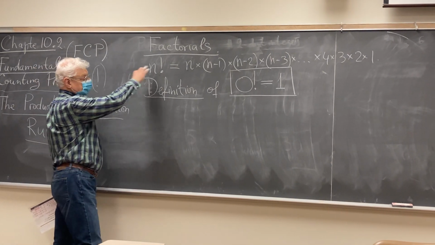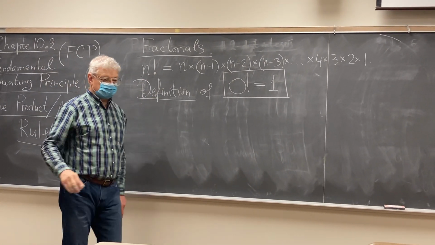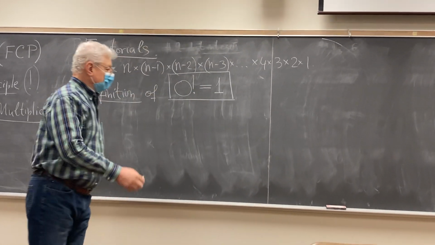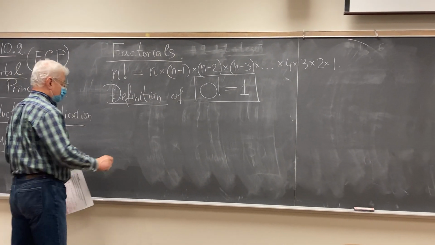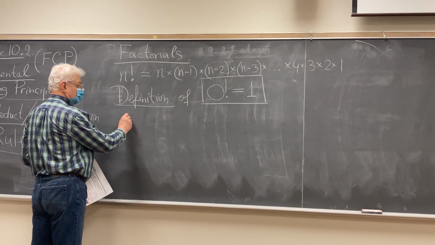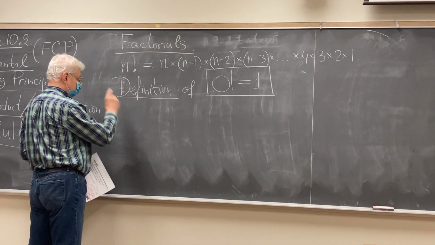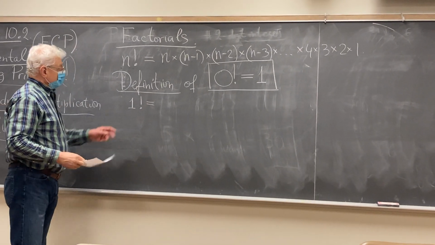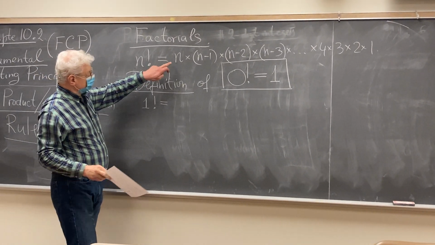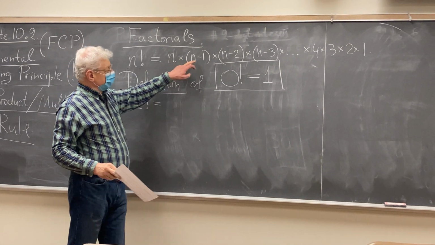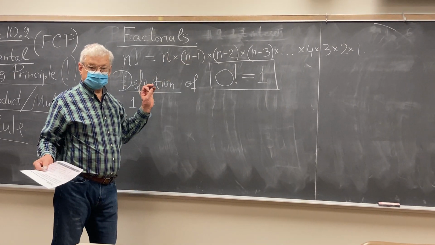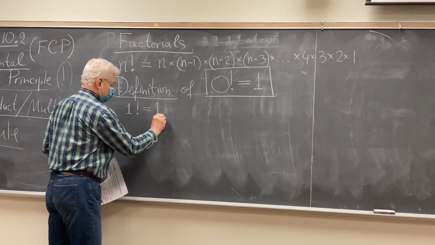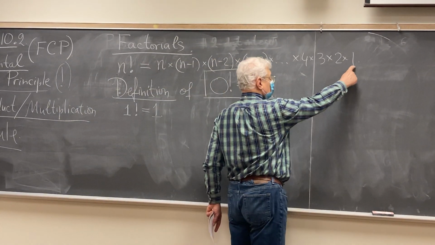Okay, this is the general definition, and that one in particular, which you will see is useful for calculation. Now let's write different factorials for different numbers. So start with 1 factorial. What is that? If you use this formula, you have to write 1 and then multiply by 0, but 0 is not positive. So therefore, the only thing you can take is just that 1.